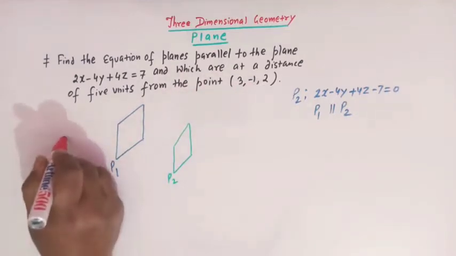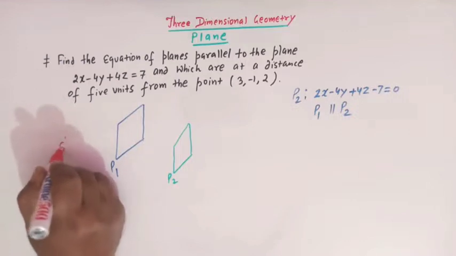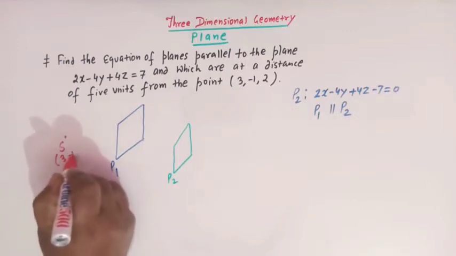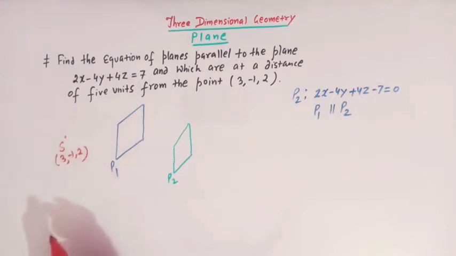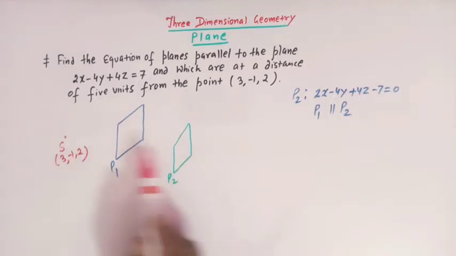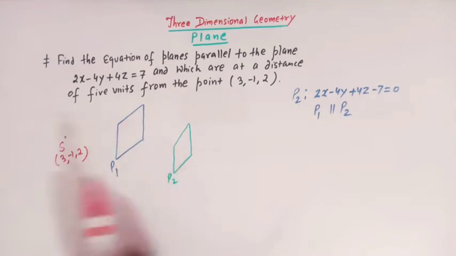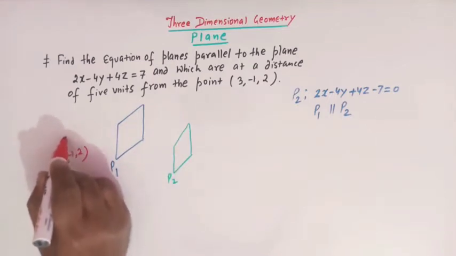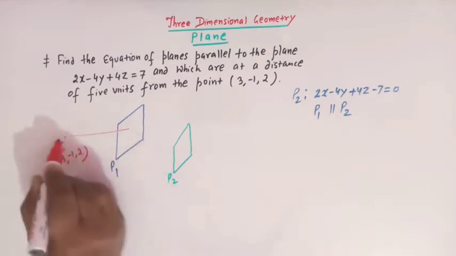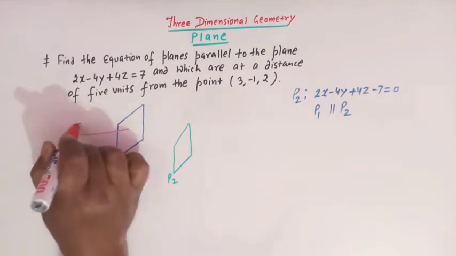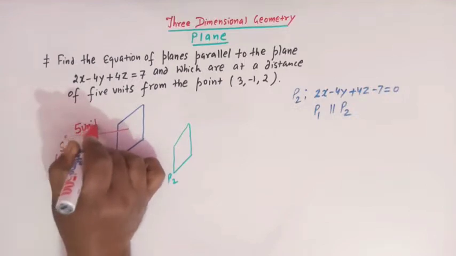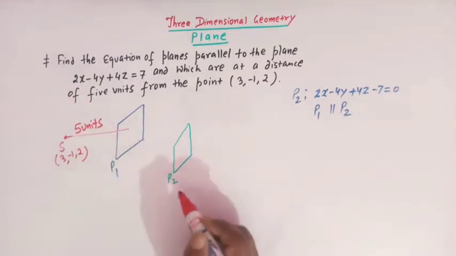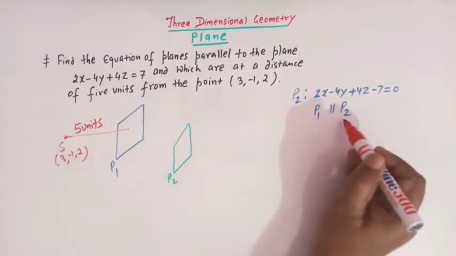Here we can take a point, say S, with coordinates (3, -1, 2). So now we have three things: the point S, whose distance from this plane is given as 5 units, and this plane P1 is parallel to P2.